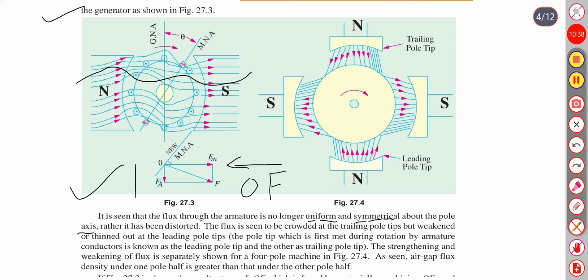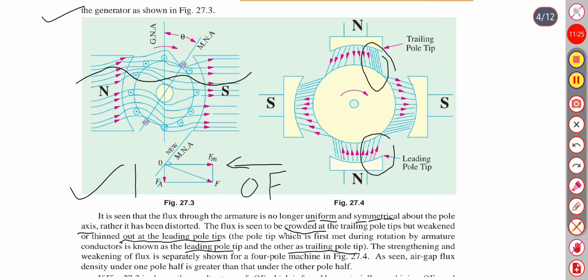The flux is seen to be crowded at the trailing pole tip, here, but weakened or thinned out at the leading pole tip. This is the leading pole tip. The pole tip which is first met during rotation by the armature conductor is known as the leading pole tip and the other the trailing pole tip.